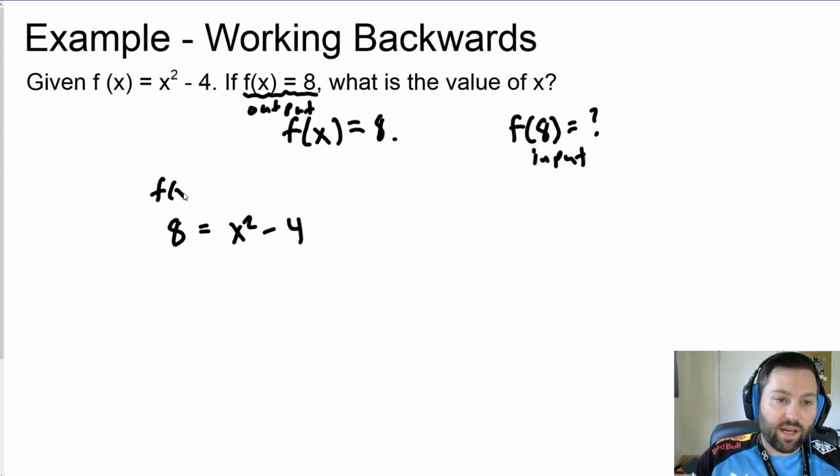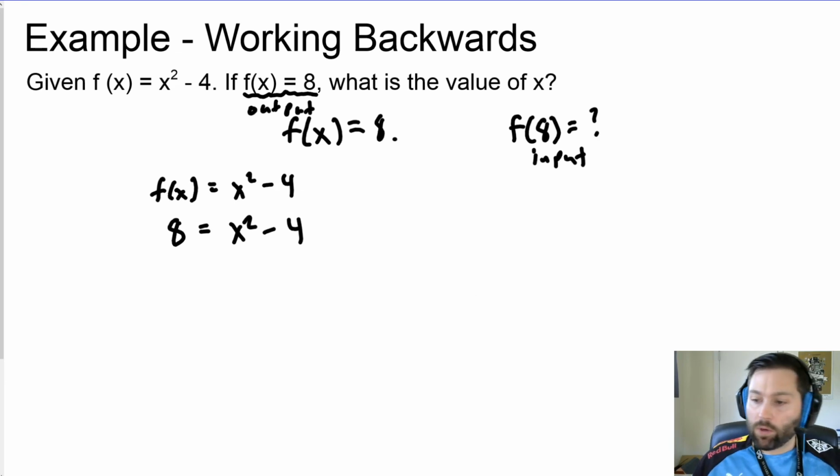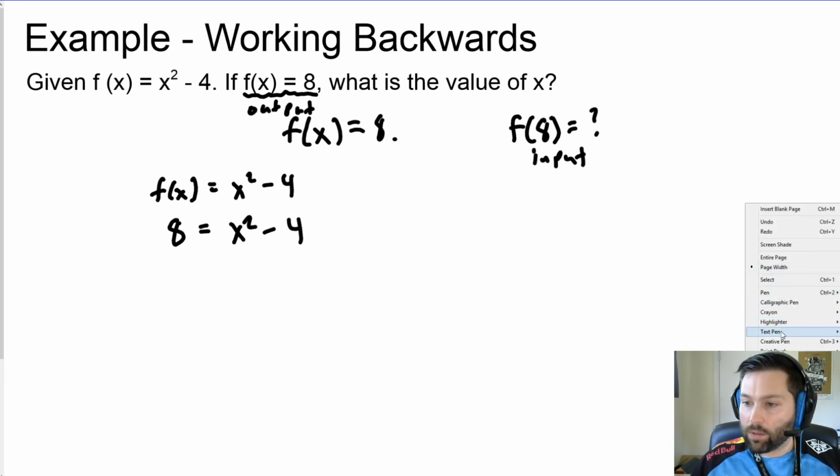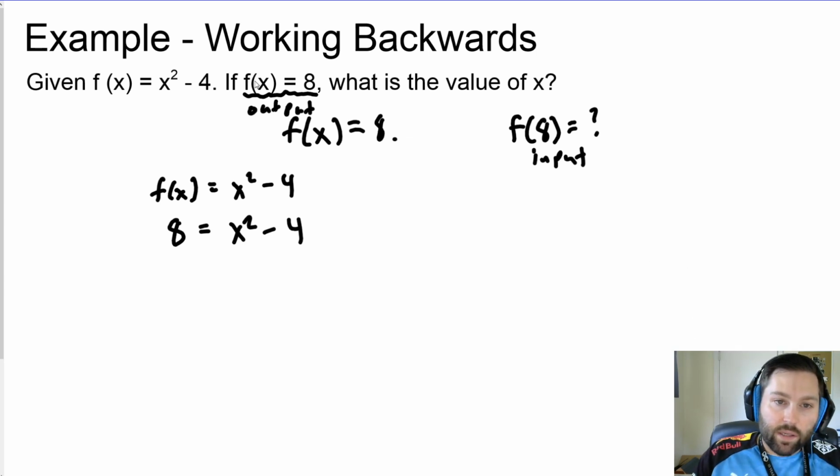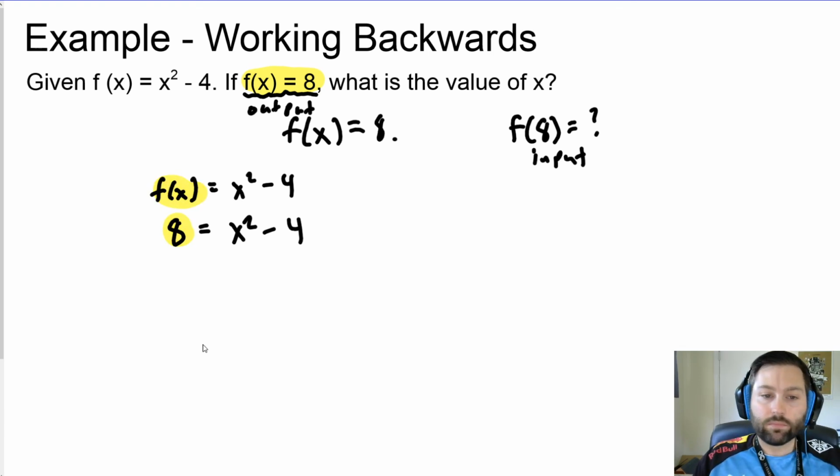Remember, it was f of x equals x to the second minus 4. Well, in this case, the phrase f of x equals 8 means that we're going to replace all of this with an 8. So I have to work backwards to try to find what x is going to be equal to.